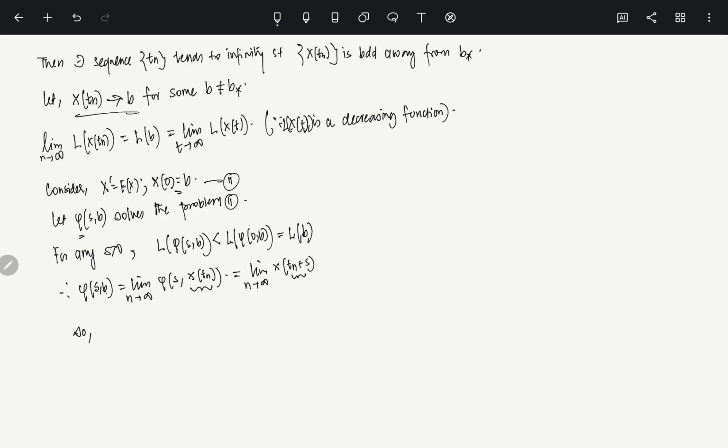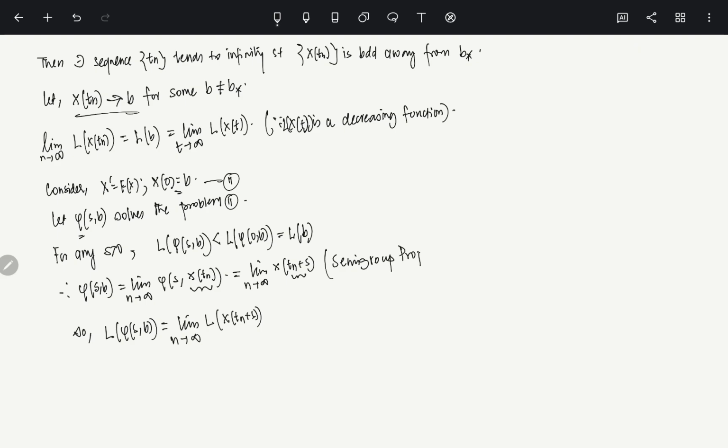Is it okay? Right. So what happens is this: L of phi of s, b, I can write like the limit as n tends to infinity of L of x of Tn plus s. Yes, this property is also called the semigroup property.